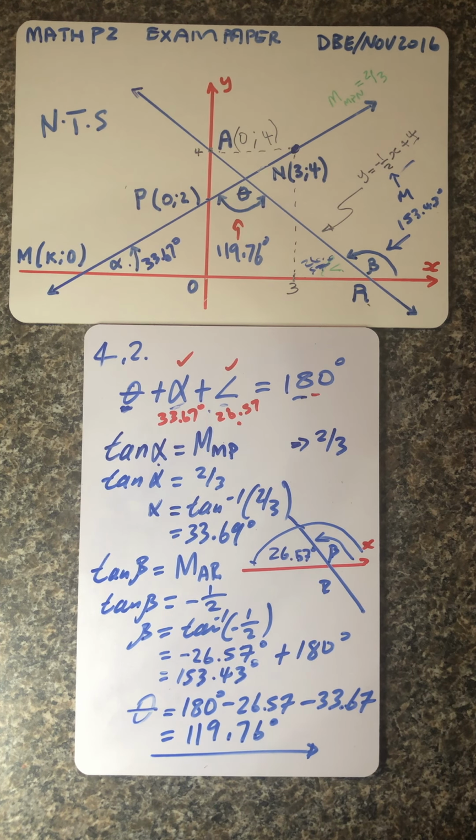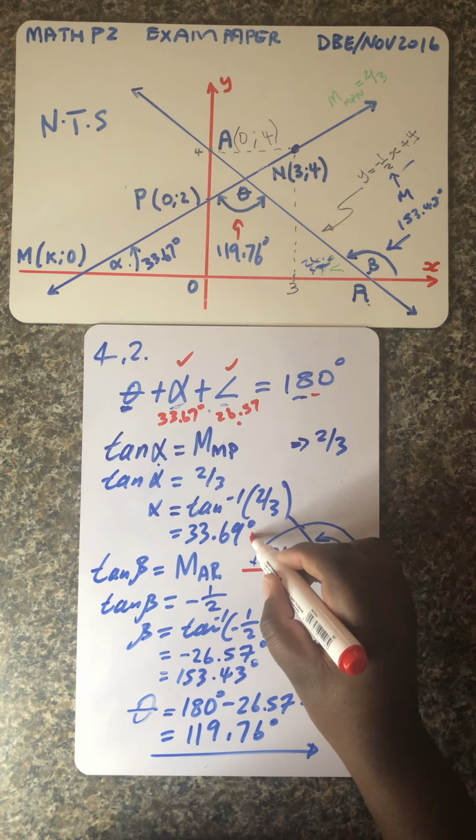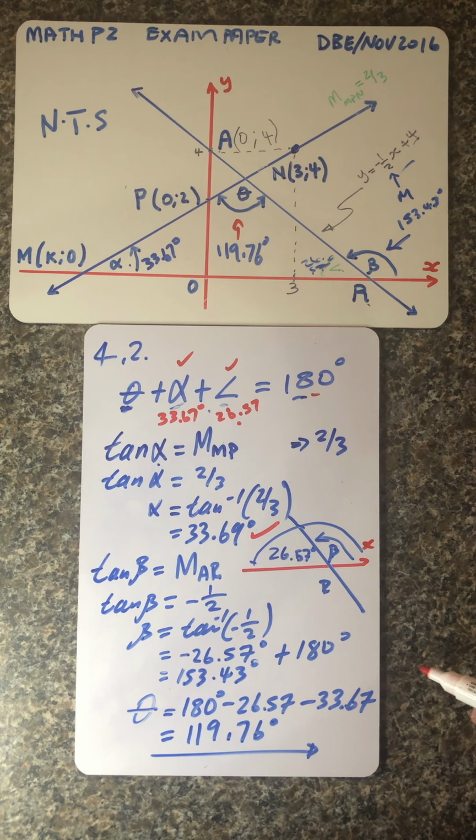Okay, so now this is where you score some marks. Let's see where you score your first mark, because it's very much important that you calculate this angle. So this is where we'll give you your first mark for calculating the first angle.